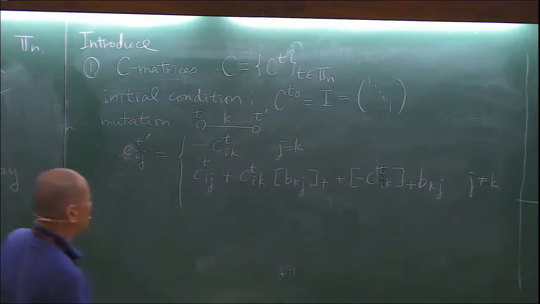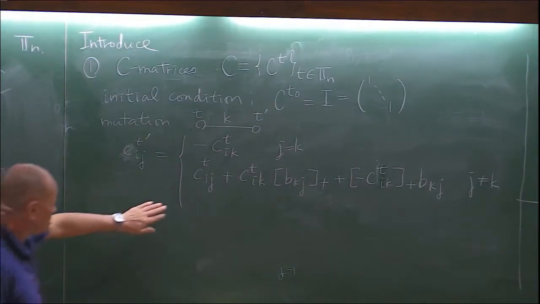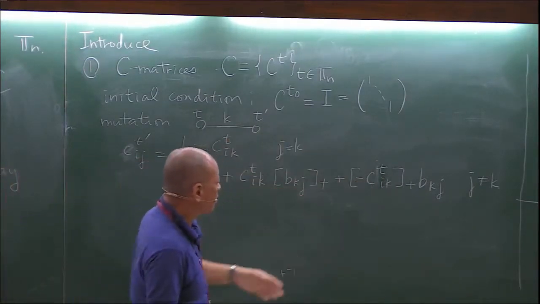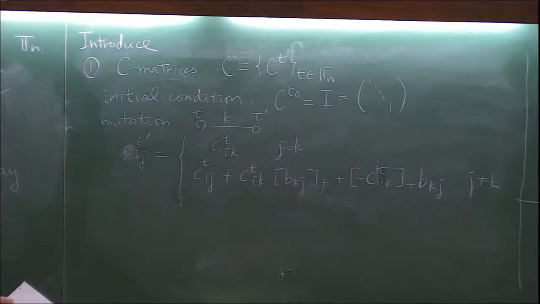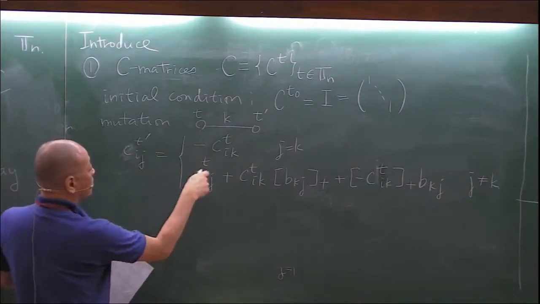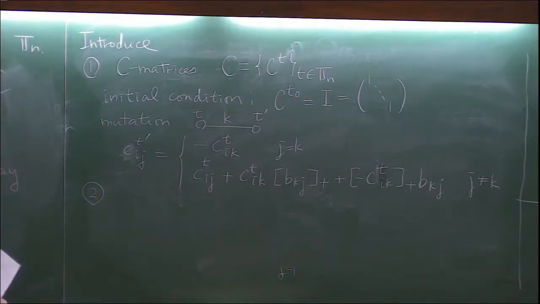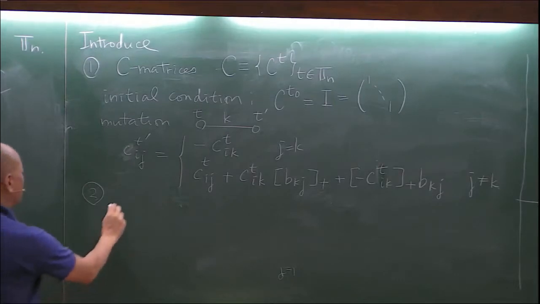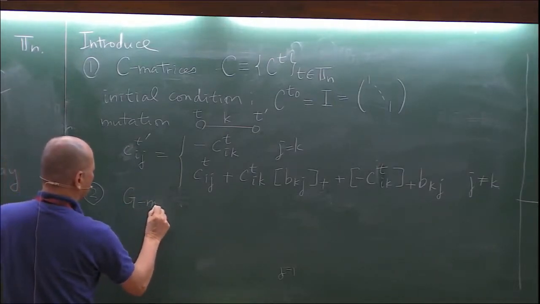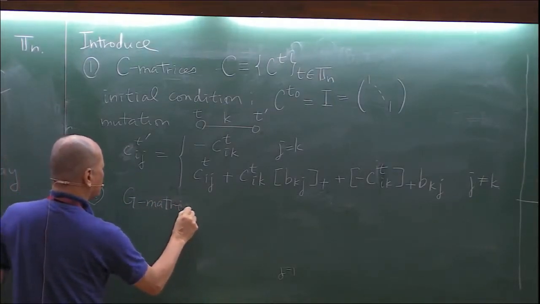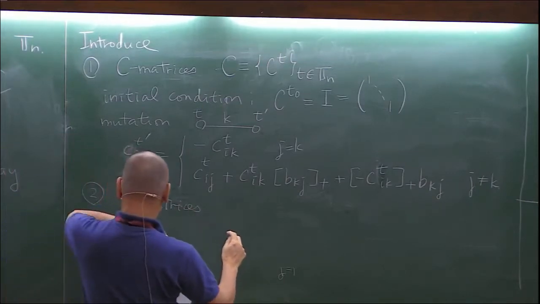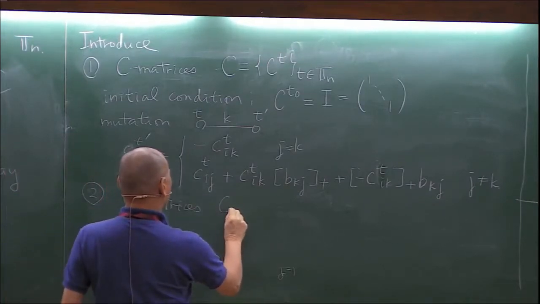Okay, so this is such a formula. It has a parallel structure to the B matrix formula. I'm going to explain the real meaning of this formula in the next lecture. So today, I just define these things, and I'm going to soon finish my talk today.